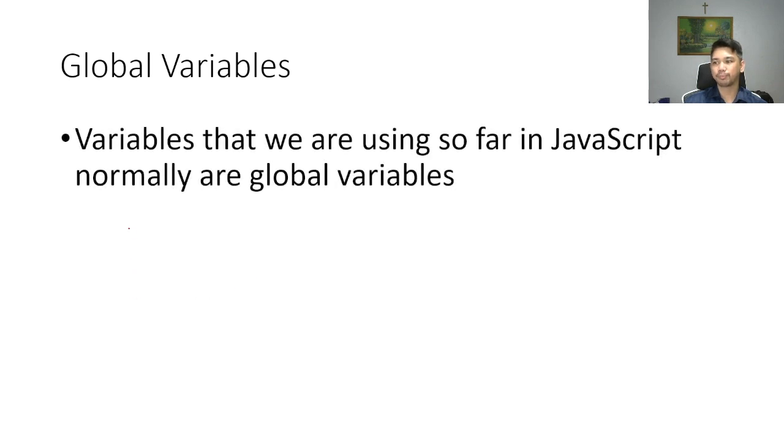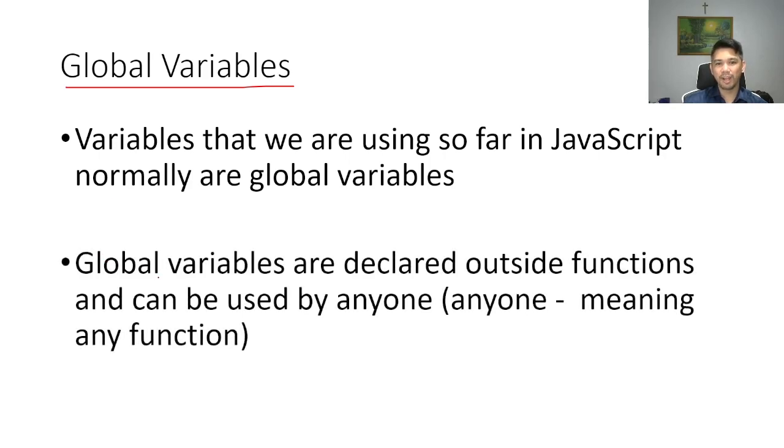Now, ever since we started using variables in JavaScript, we are actually using what we call global variables. What are global variables? Global variables are variables that are declared outside of functions. Again, they are declared outside of functions, and they can be used by anyone.